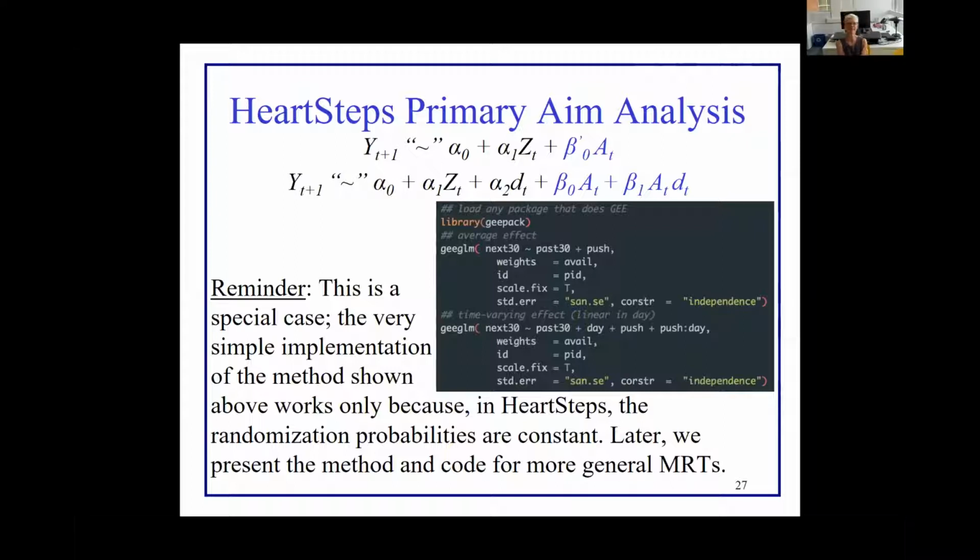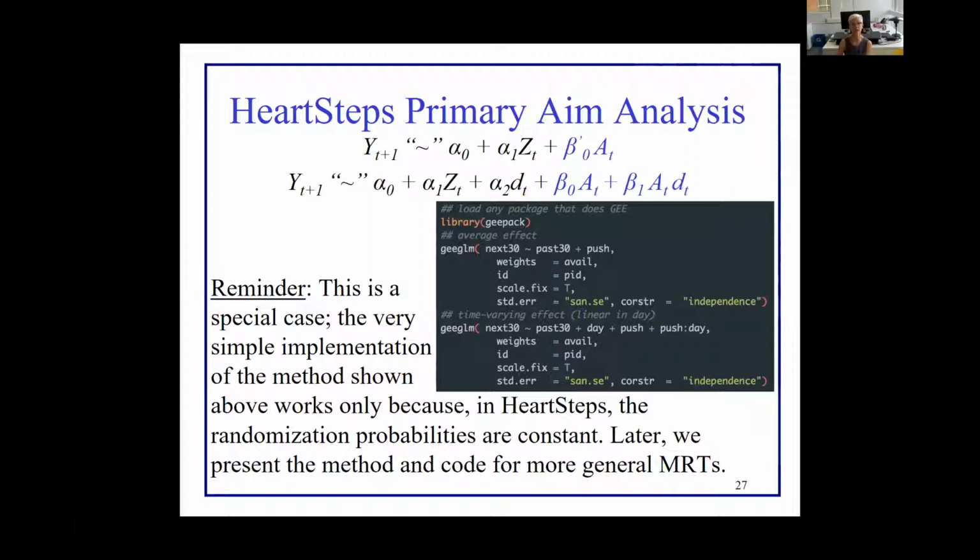This is a very special case. You get this great implementation because in HeartSteps, the randomization probabilities are constant. It turns out most of our most recent MRTs do not have constant randomization probabilities, and we do have to use a code that Danny wrote, and I'll give you a link to it for those settings.